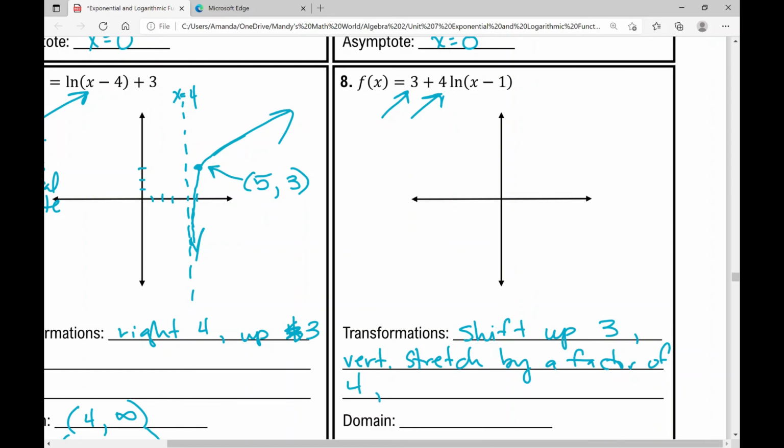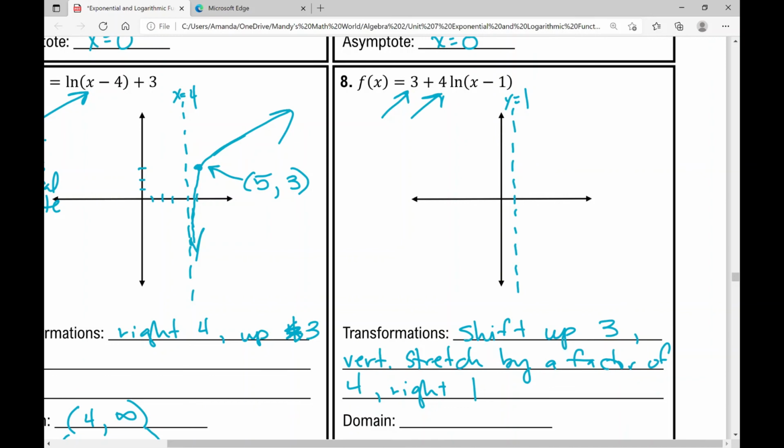And then that x minus 1 inside the parentheses is going to move this right 1, that horizontal shift to the right 1, that's what's going to move our entire asymptote. Instead of at x equals 0, that asymptote is now at x equals 1.